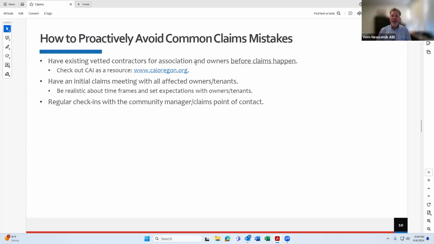If we can manage those ahead of time, it just reduces a lot of stress in everybody's life. And then regular check-ins with the community manager or point person, whoever that point person is, making sure that they're contacting the unit owners, maybe weekly, on what's going on. So any questions on property claims before we get into liability claims?